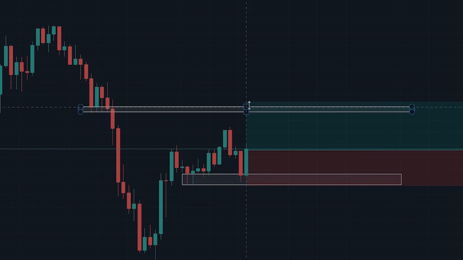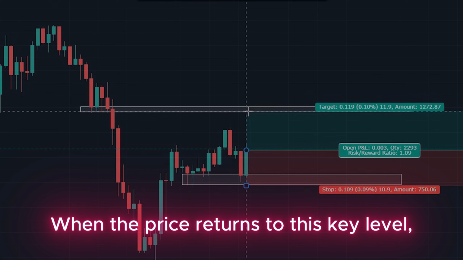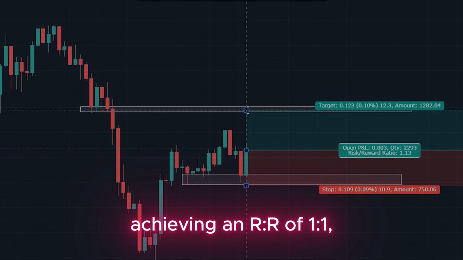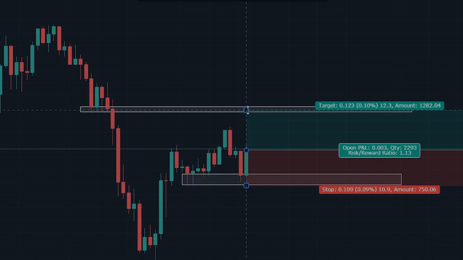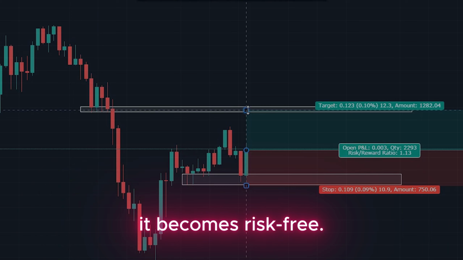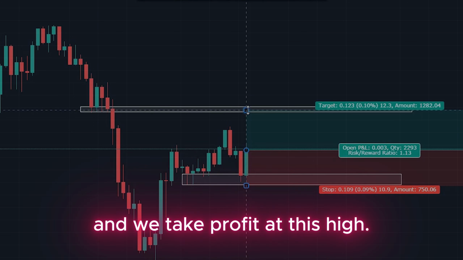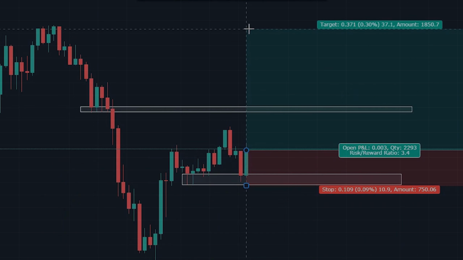Stop loss, SL, is placed at the key level when the price returns to this key level, achieving an RR of 1 to 1. We manage this trade to ensure it becomes risk-free. It's slightly riskier, and we take profit at this high.